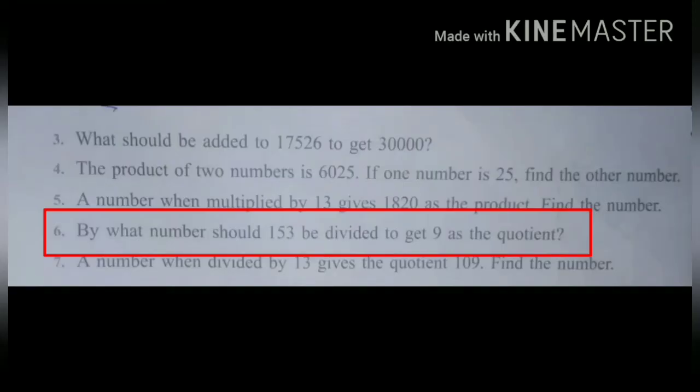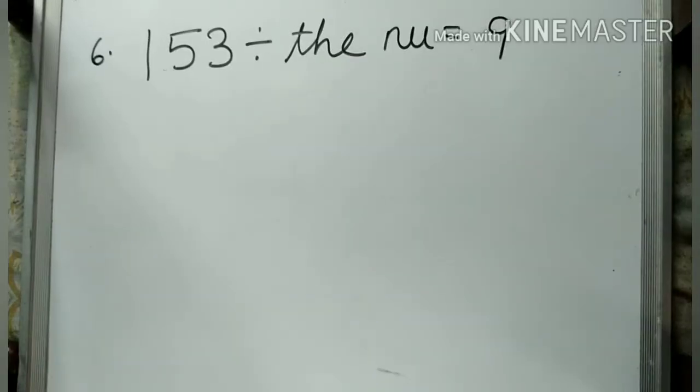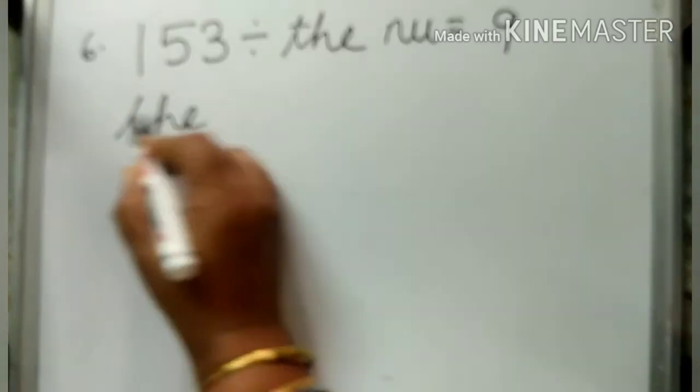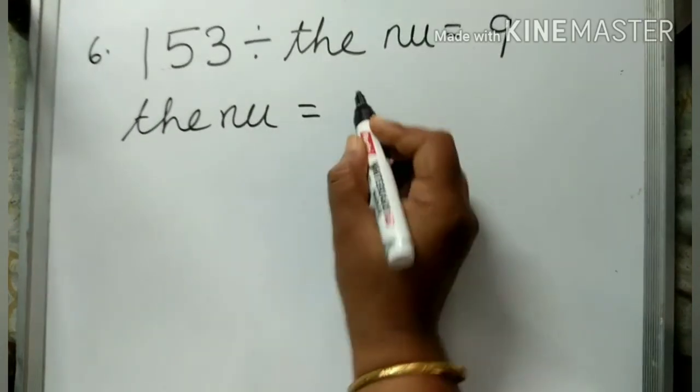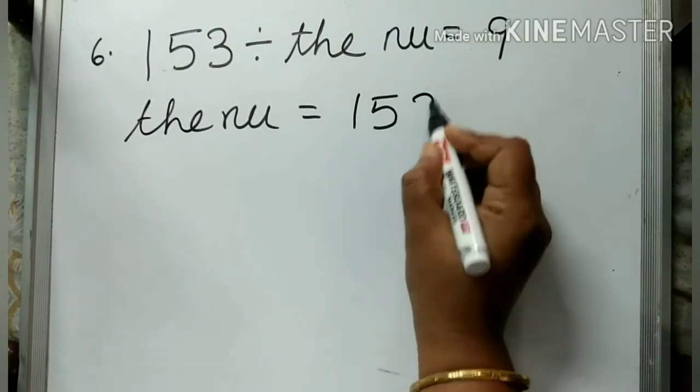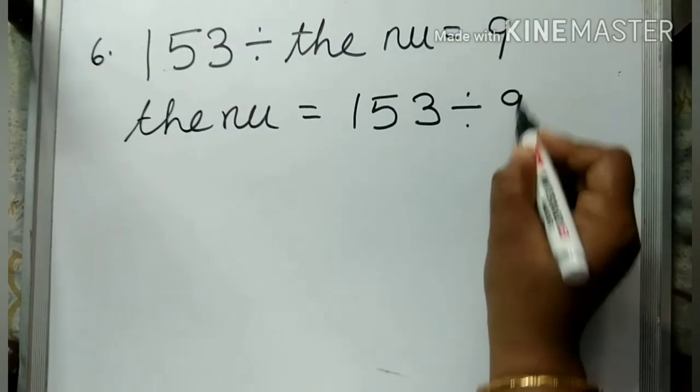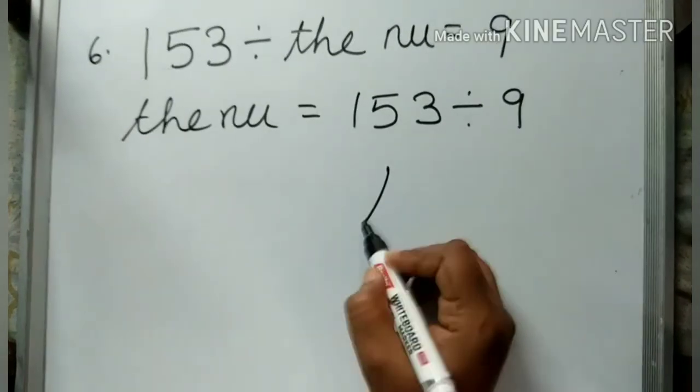Question number 6. By what number should 153 be divided to get 9 as a quotient? Now, according to the question, 153 is divided by any number and the quotient is 9. So, we have to find the number. It means divisor. So, we find the number by divide 153 by 9.